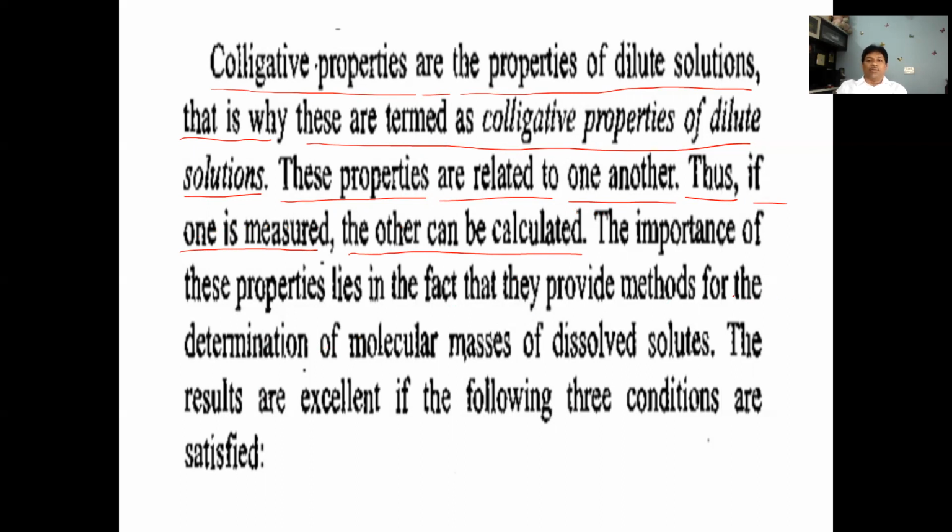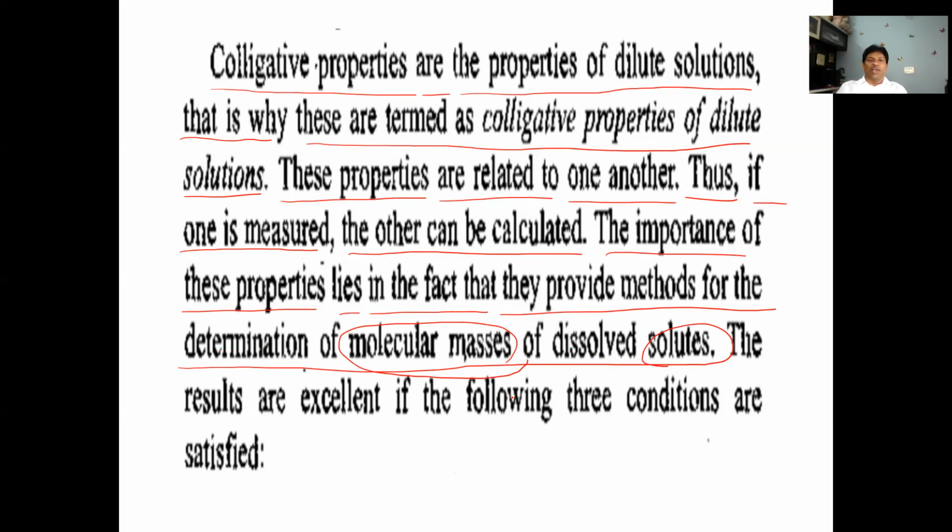Also, the importance of colligative properties lies in the fact that they provide methods for the determination of molecular masses of dissolved solutes. The molecular masses of solutes can be calculated by using colligative properties.